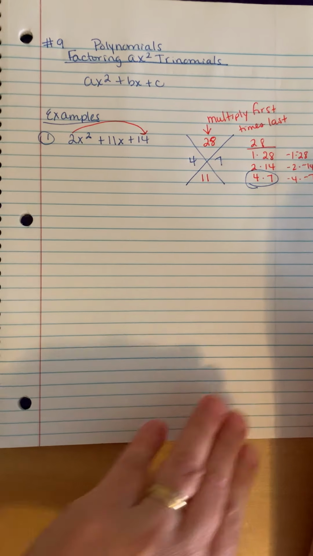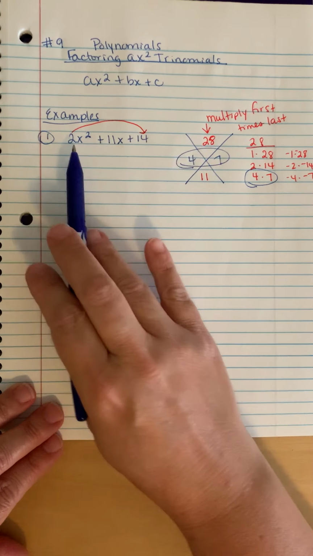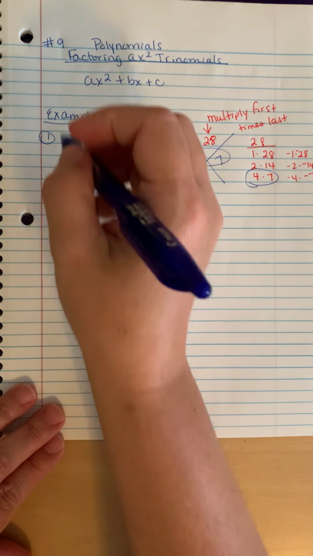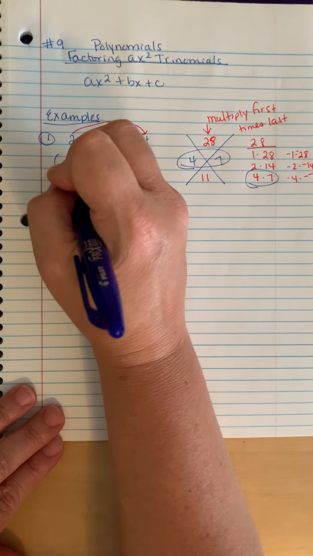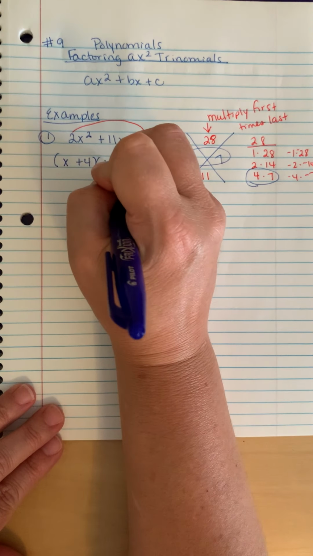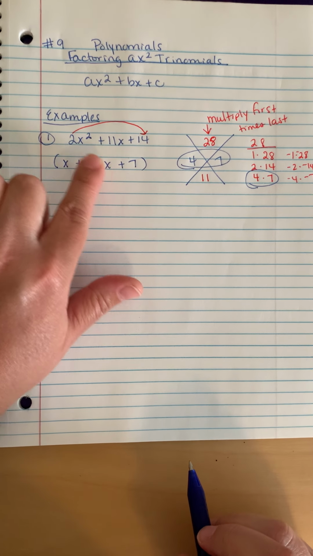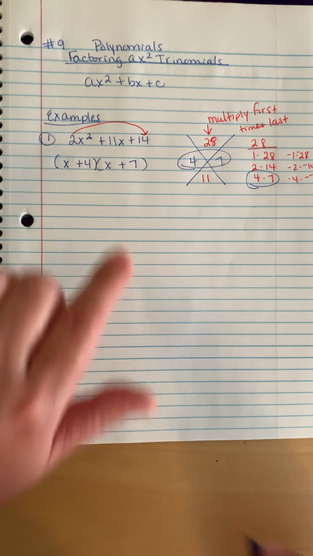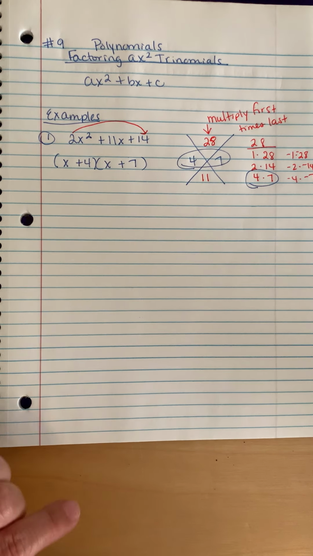Okay, this is just what you had done before, pretty much. The only difference so far is you had to multiply the first and the last. We are going to take these and put these in parentheses. So x plus 4 and x plus 7. Now, if you notice, x times x will not give us 2x squared. And this is going to be a little bit of an added step for us.